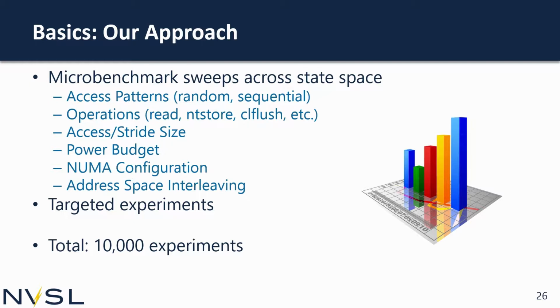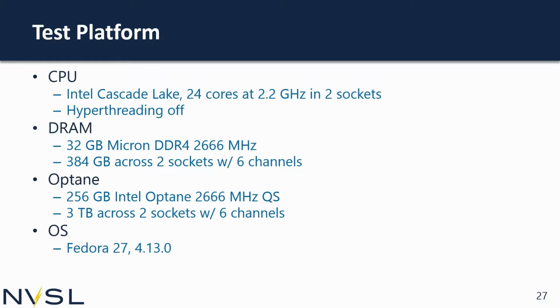Once we discovered any interesting performance anomalies, then we ran some targeted experiments trying to figure out what's going on. Total, we ran about 10,000 different experiments trying to understand this device. So I hope, even at this point, you believe that it's perhaps not just slow, dense DRAM.